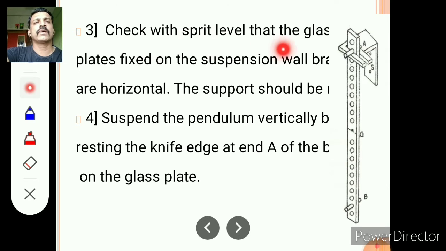Check with the spirit level that the glass plates fixed to the suspension for the bar pendulum are horizontal. The support should be perfect. Suspend the pendulum vertically, resting on the knife edge at end A of the bar on the glass plate.